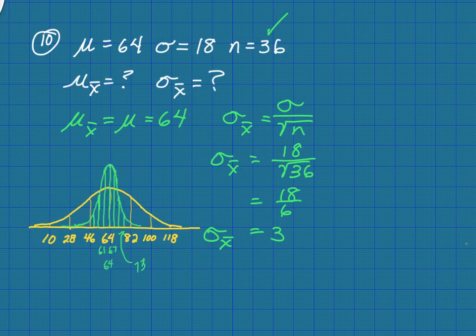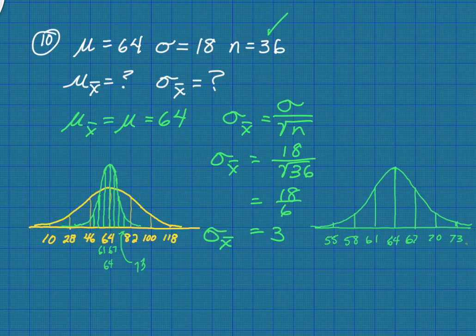Now, as you can see, it's kind of difficult to fit the sampling distribution of the sample mean on the same scale. It's much easier to see the standard deviations and such if we redraw it with its own distribution. But in truth, the only answers that were requested for this exercise were that the mean of the sampling distribution equals 64, and that the standard error of the mean equals 3.